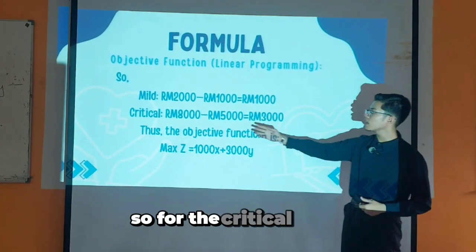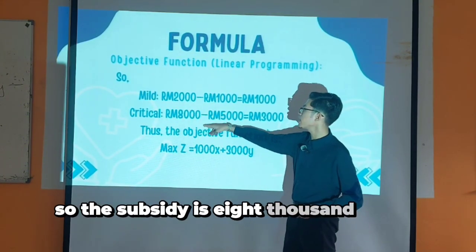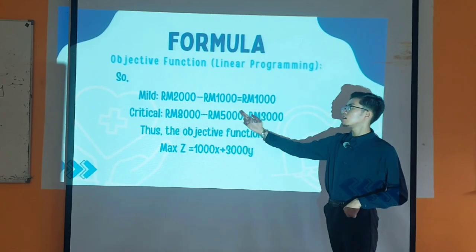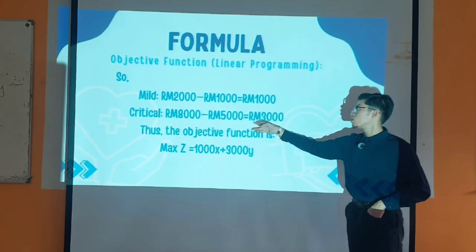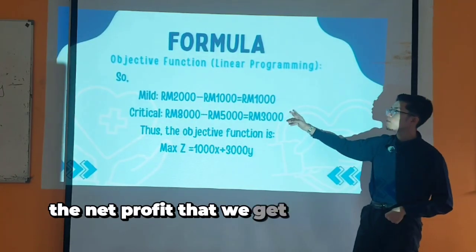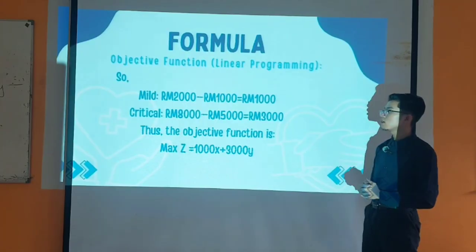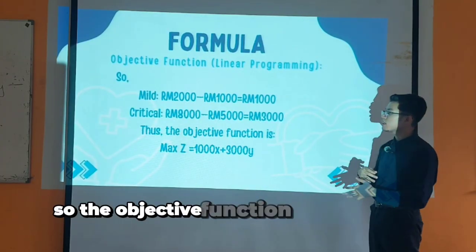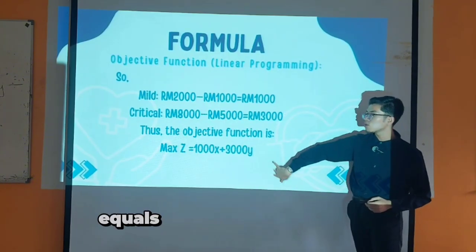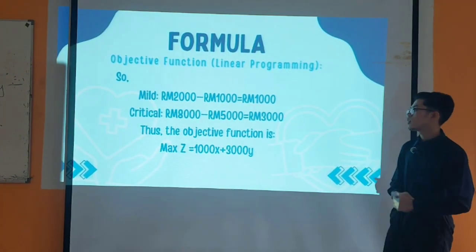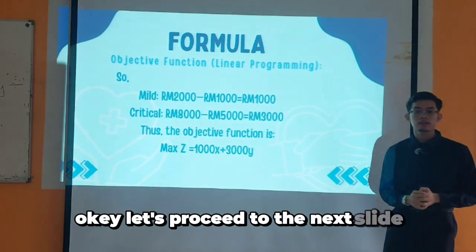For the critical cases, the subsidy is 8,000 minus the treatment cost of 5,000, so the net profit for a critical patient is 3,000 ringgit. So the objective function that we get is max Z equals 1,000x plus 3,000y. Okay, let's proceed to the next slide.